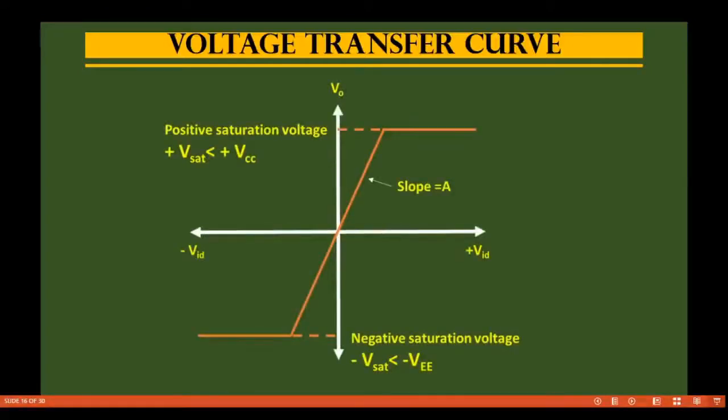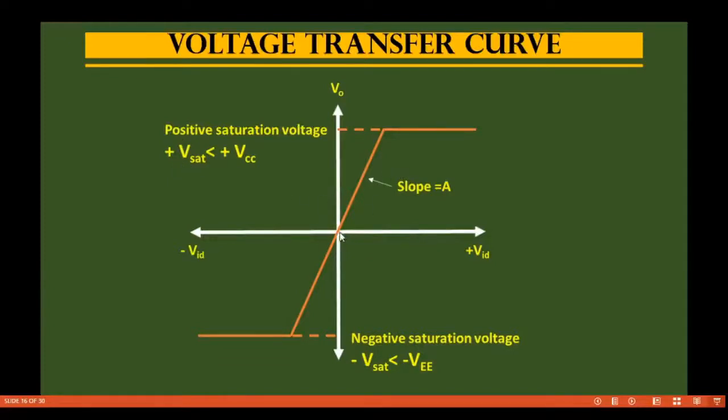So keeping a gain A constant, what we have observed is that once we have applied the differential input, as we are increasing the differential input, the output is increasing. Now at a certain value of VID, the output gets saturated. This saturation value is always less than the plus VCC, right?